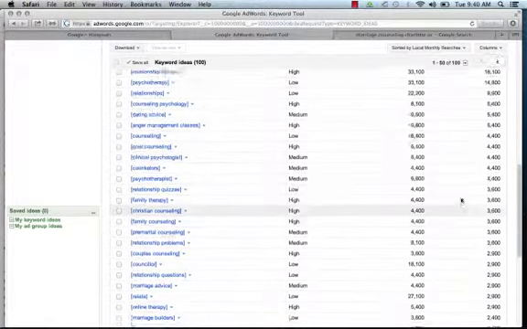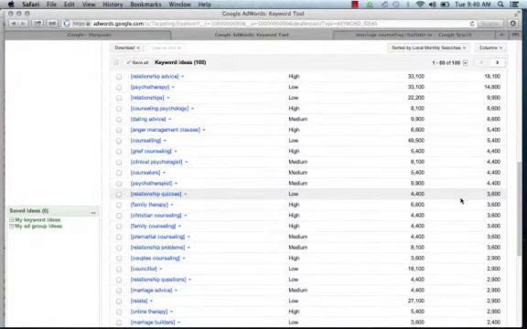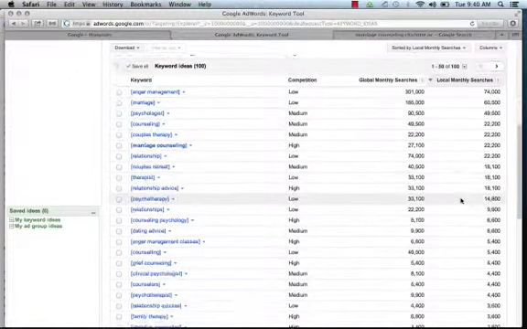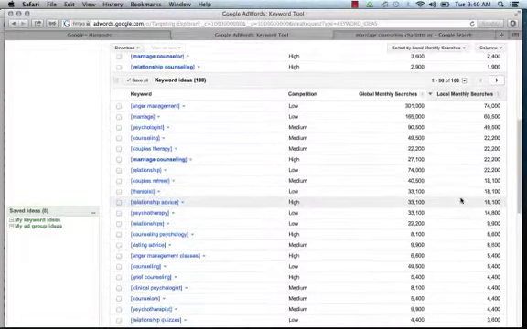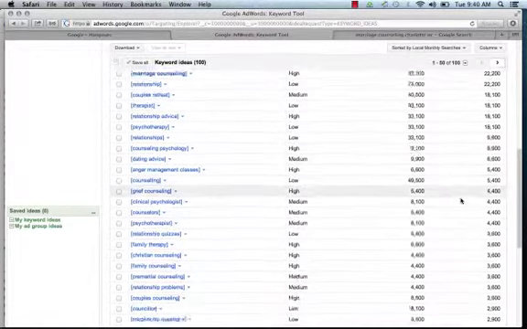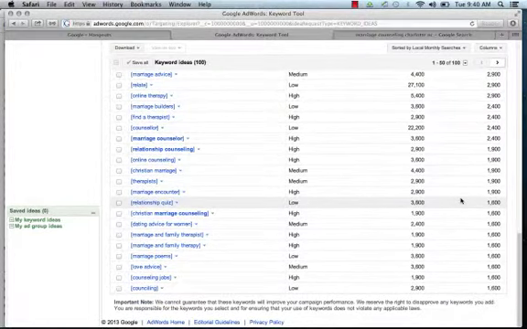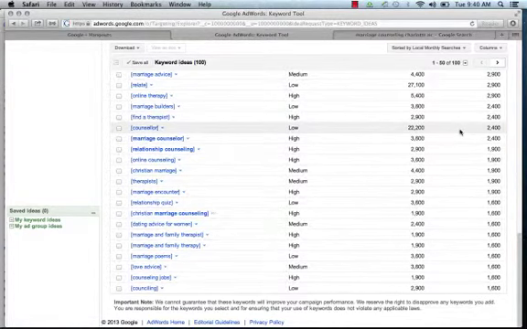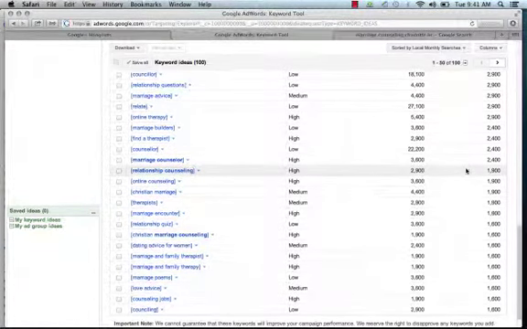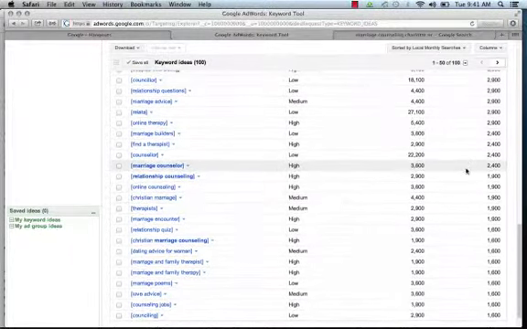On the other hand, you want to have at least 200 to 300 exact searches a month for it to be worthwhile going after that keyword. So kind of in the 300 to 2,000 range is a good range for you to shoot for in terms of what the words get on the monthly search volume.